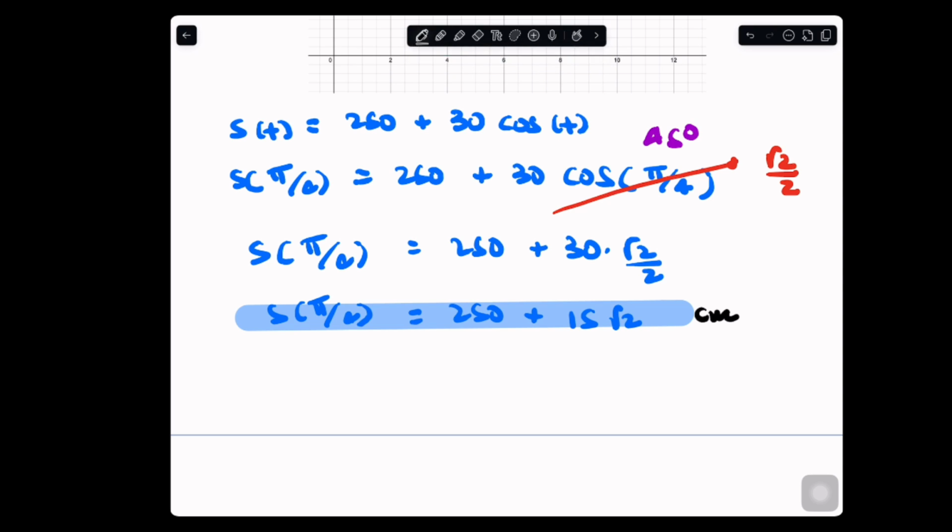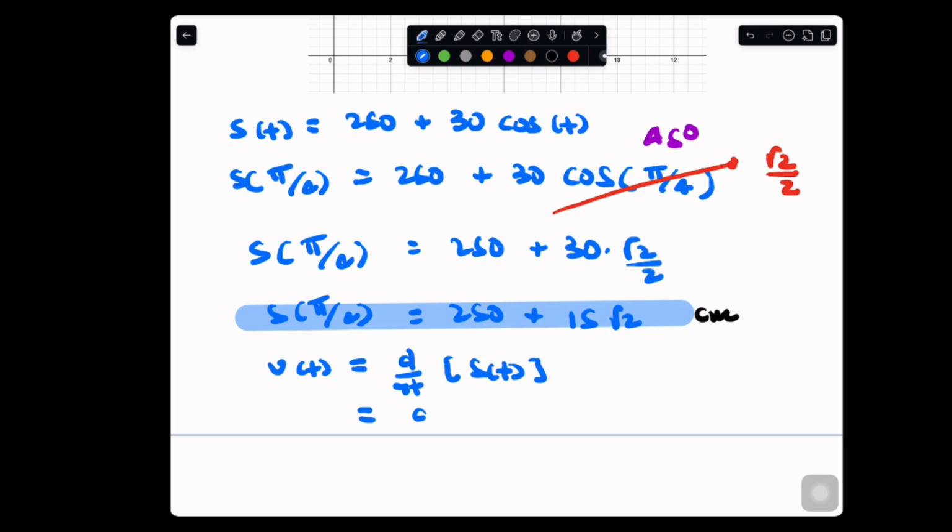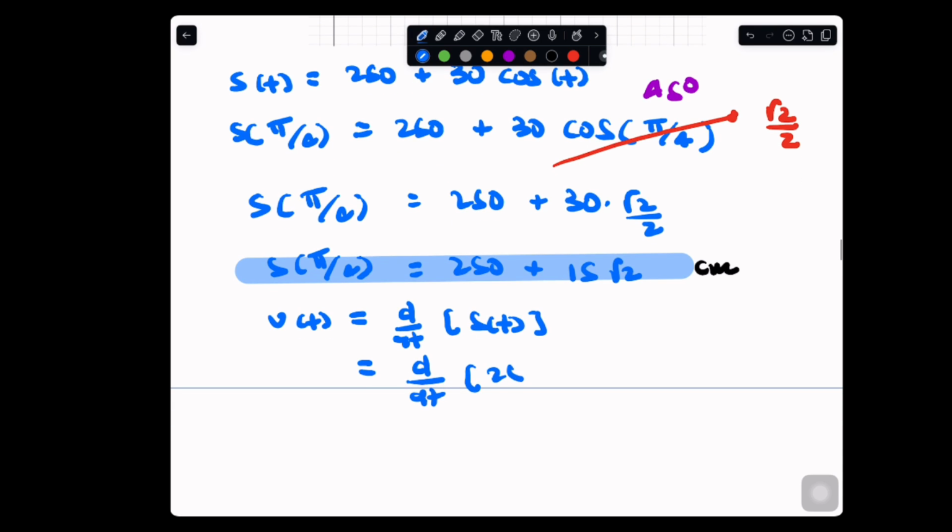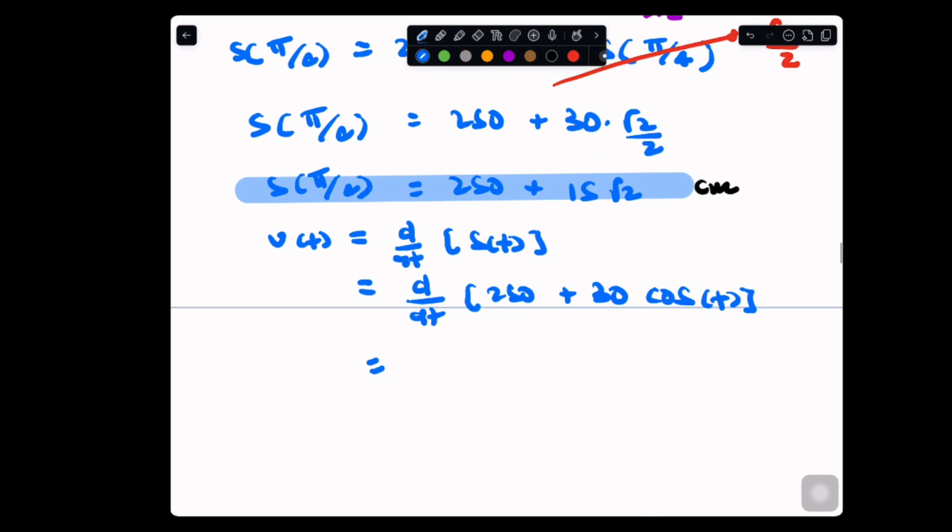We want velocity now. So velocity is the derivative of what? The position function. I know the position function is 250 plus 30 cosine t. What is this derivative?